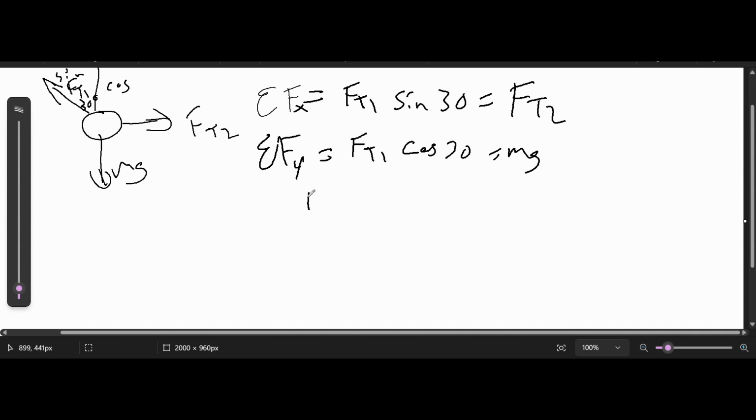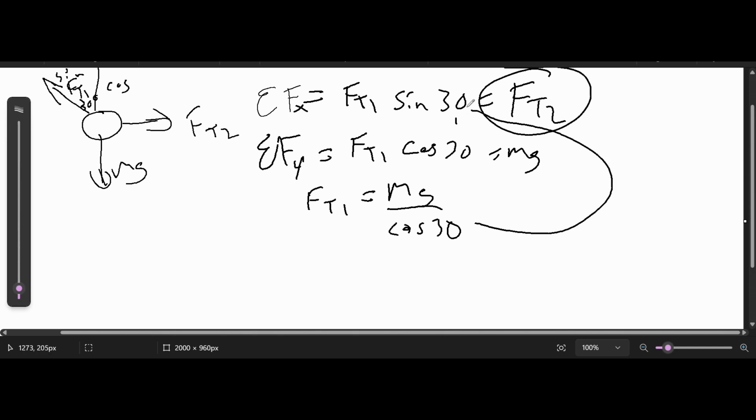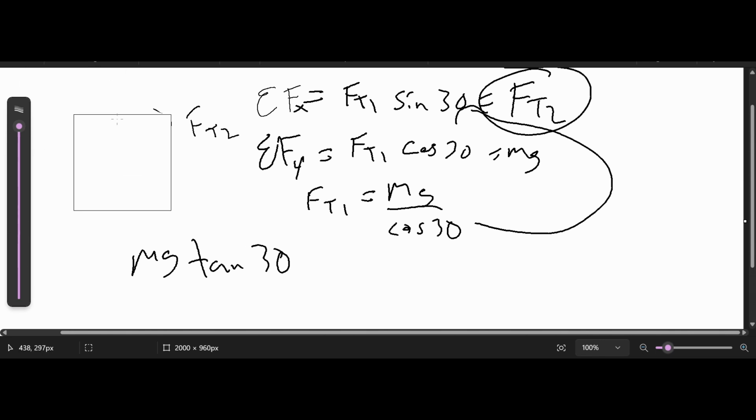So using some simple math, FT1 equals mg over cosine 30, right? And now to find FT2, you just sub that in, and you get mg tan 30, and you plug in your values. Pretty easy.